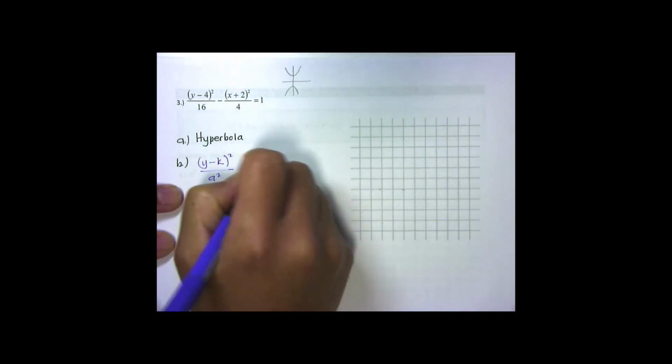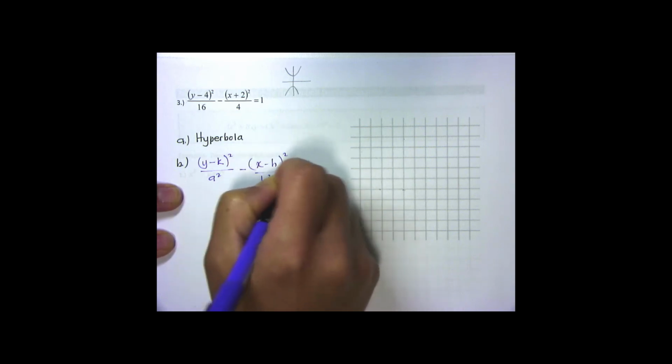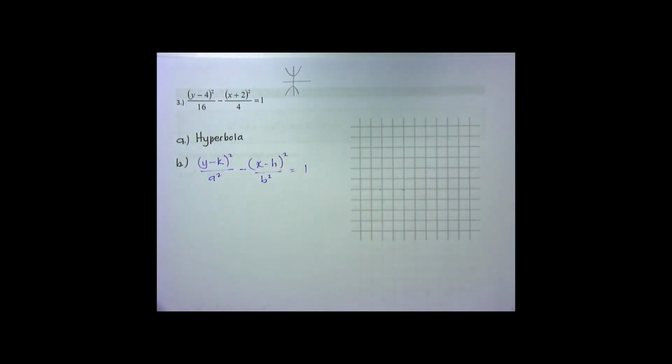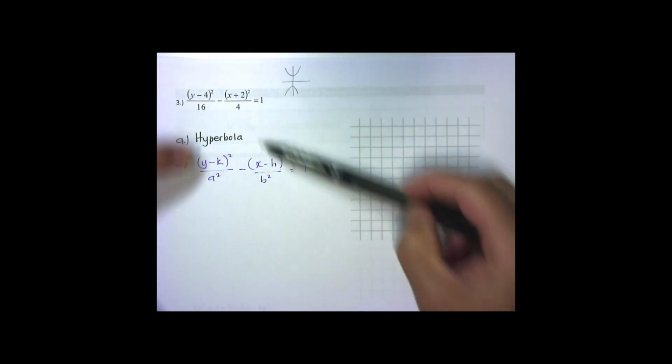B. All right, so that's the standard form of a hyperbola that has been shifted. This will be y minus k quantity squared divided by a squared, minus x minus h quantity squared over b squared, is equal to 1. That's the formula that I gave you. So we want to make this fit into this formula.